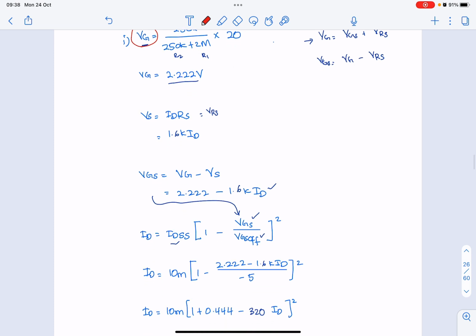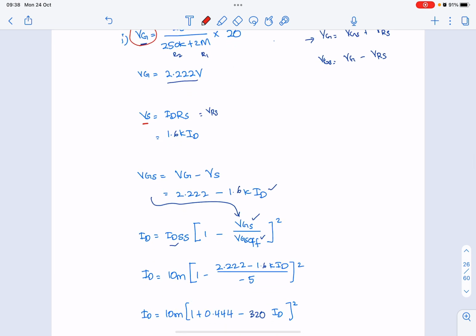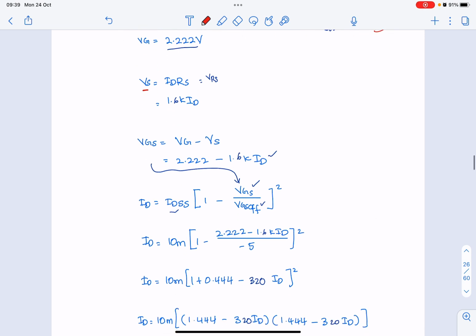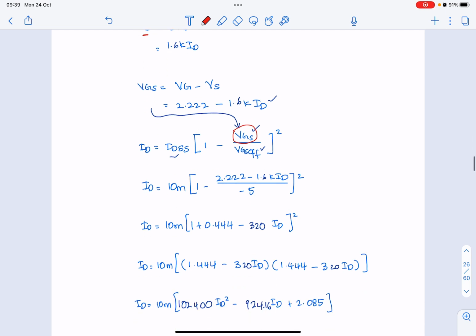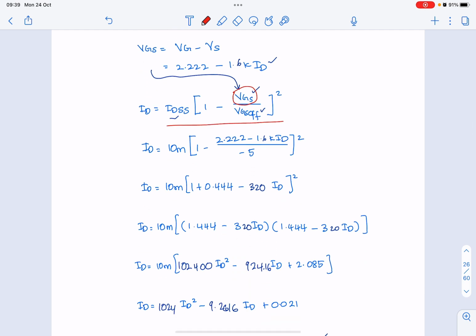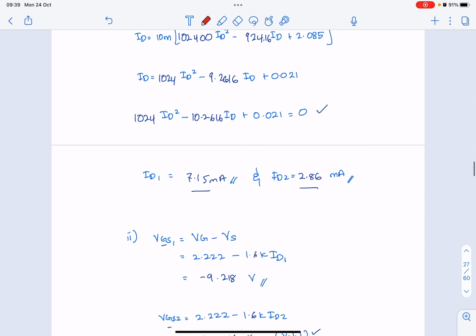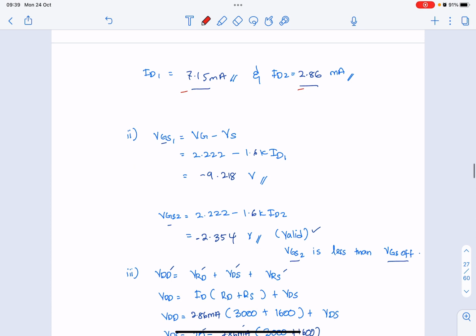Once you get that, you need to know your VS or your VRS. So you combine the equation and substitute into this one. From this equation, you get 2 IDs, ID1 and ID2. Then you need to determine which ID and VGS is the valid one.